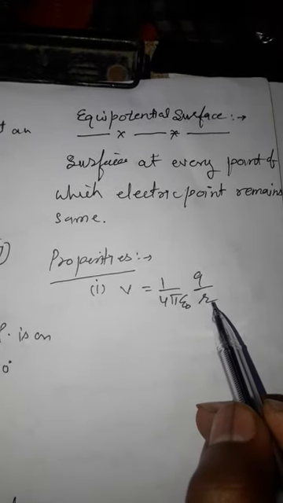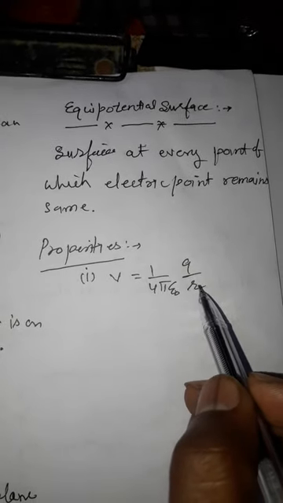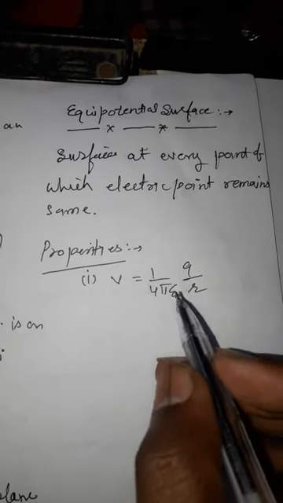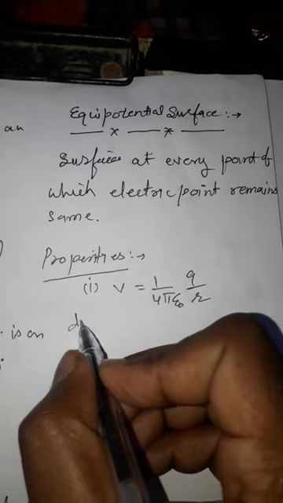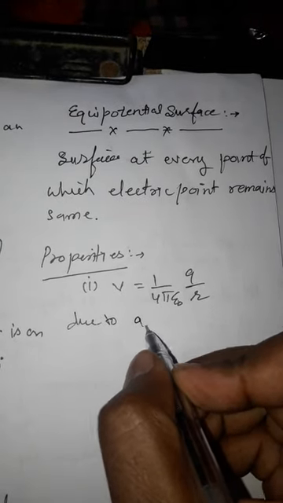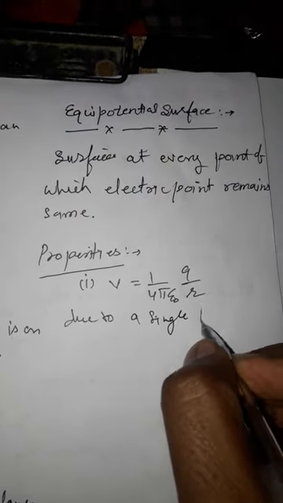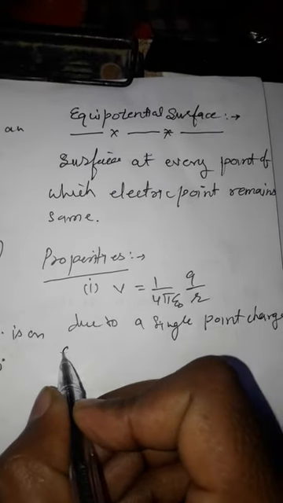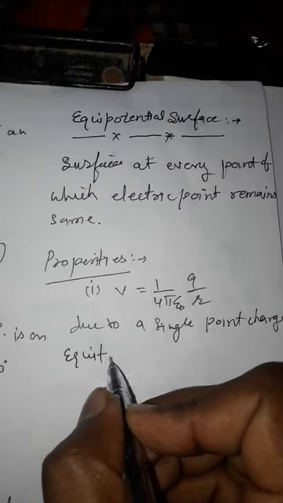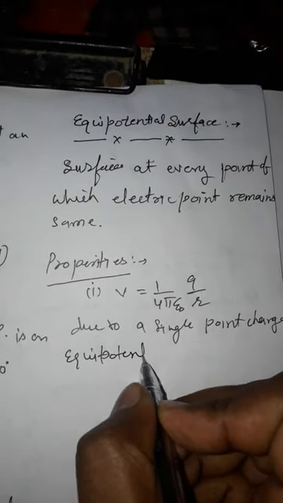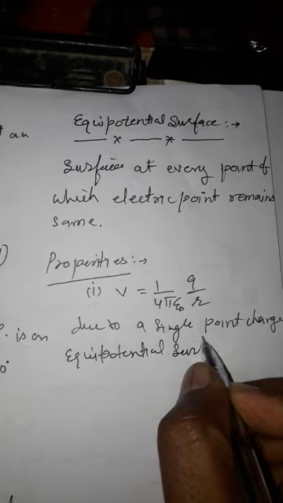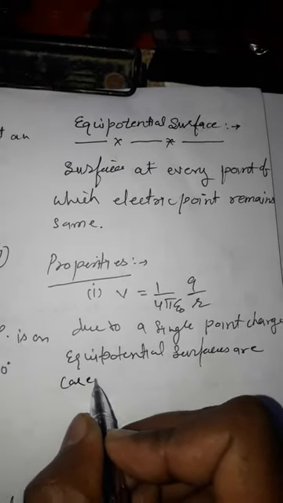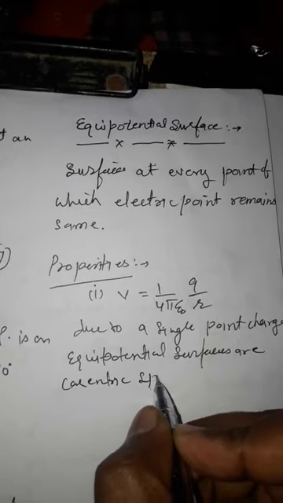By joining the locus of all points at distance r, we obtain a sphere around the charge. So we can say that due to a single point charge, equipotential surfaces are concentric spheres.